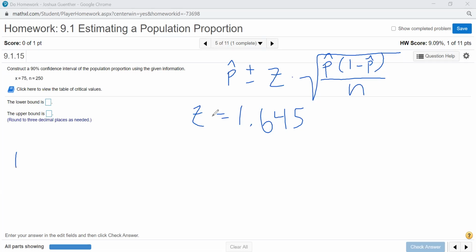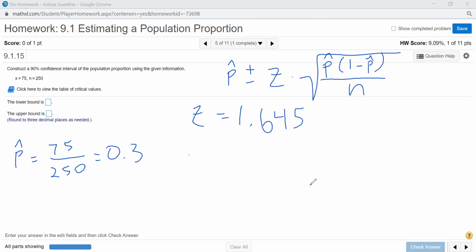P hat is going to be the number of successes, 75, divided by 250. So 75 divided by 250 is going to be 0.3. So now let's construct the confidence interval.